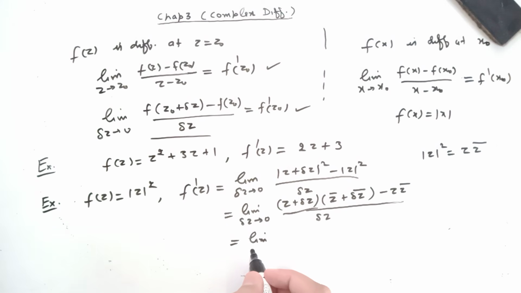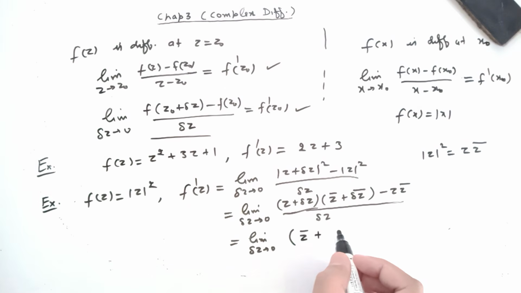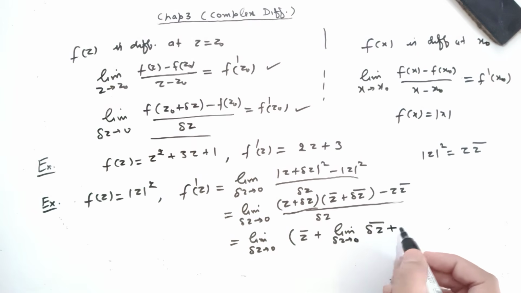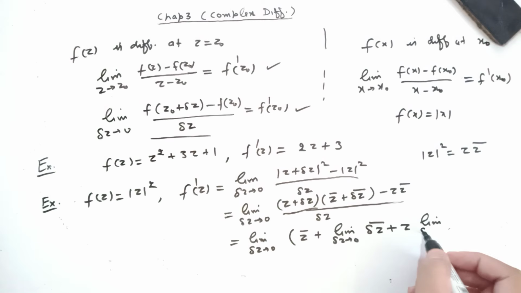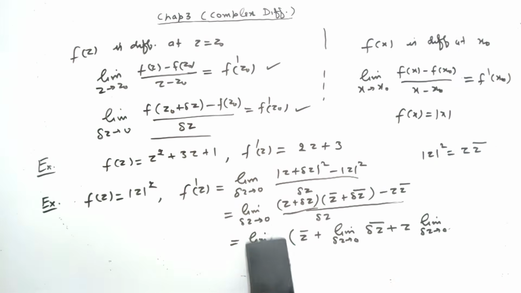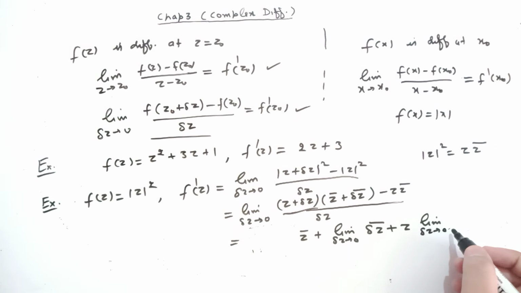Limit delta z going to 0, you get z bar plus limit delta z going to 0 of delta z bar, plus z times limit delta z going to 0 of delta z bar over delta z.